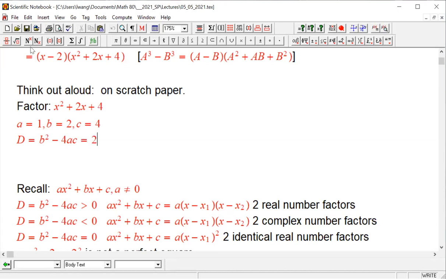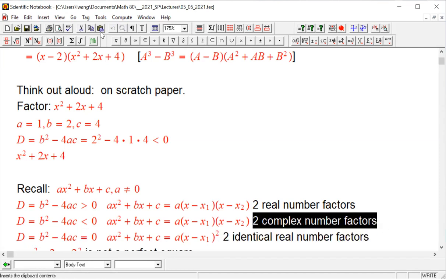And that's going to give us 2 squared minus 4 times a is 1, and c is 4. So the product is going to be negative. So what does this tell us? This guy has 2 complex number factors.